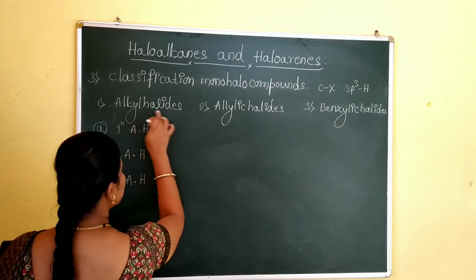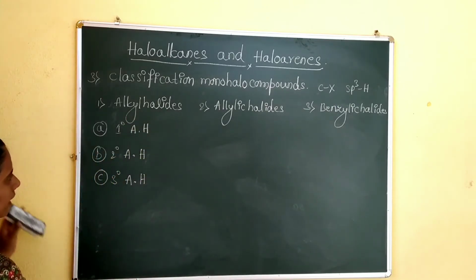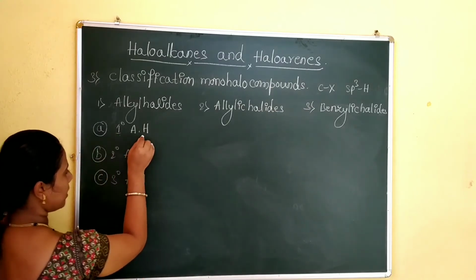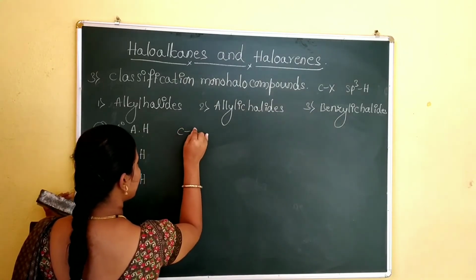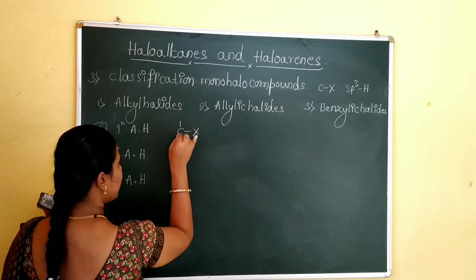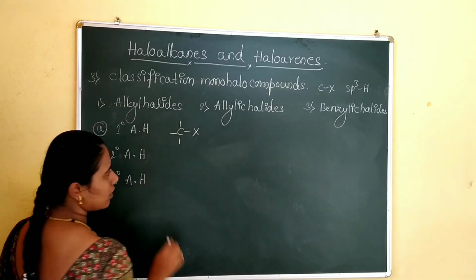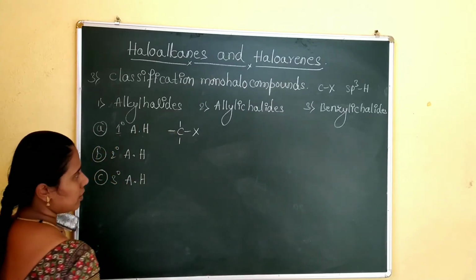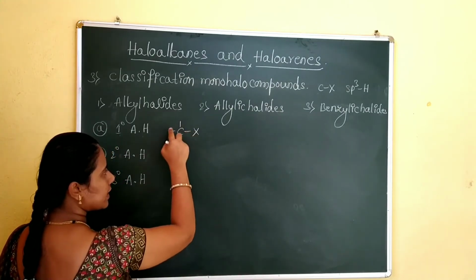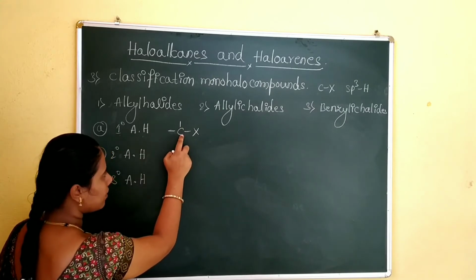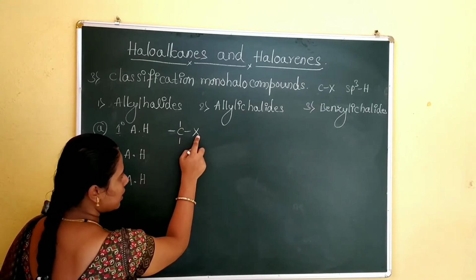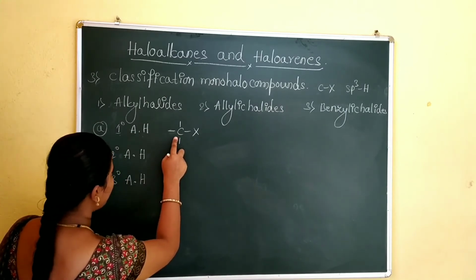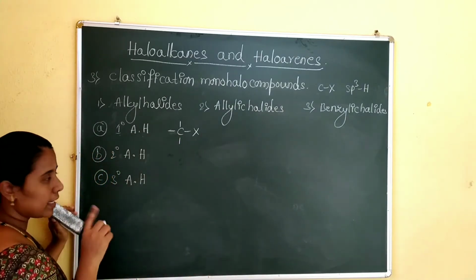What is meant by primary alkyl halide? The general representation for a primary alkyl halide is a halogen atom attached to the carbon atom, which is an sp3 hybridized carbon atom. That means carbon contains 4 single bonds. The halogen atom is attached to the sp3 hybridized carbon atom, which is a primary carbon atom.